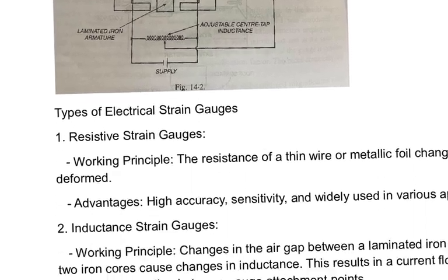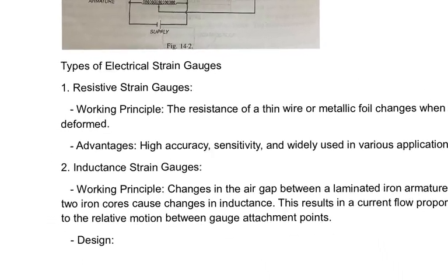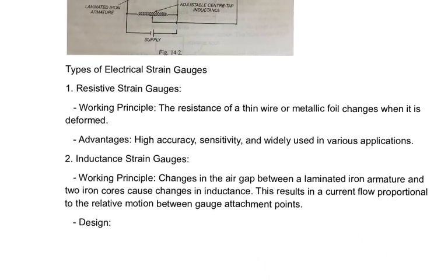Let us look into the types of electrical strain gauges first. There are two different types of electrical strain gauges: resistive strain gauge and inductance strain gauge. In the resistive strain gauge, the resistance of a thin wire or metallic foil changes when it is deformed. The advantages are high accuracy and that it is widely used in various applications.